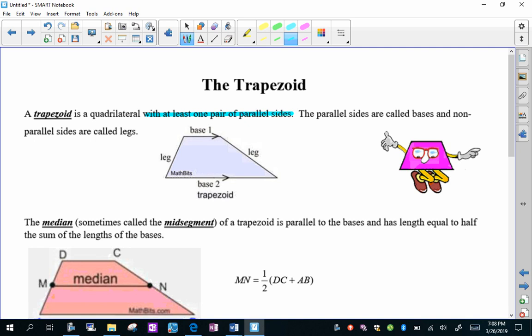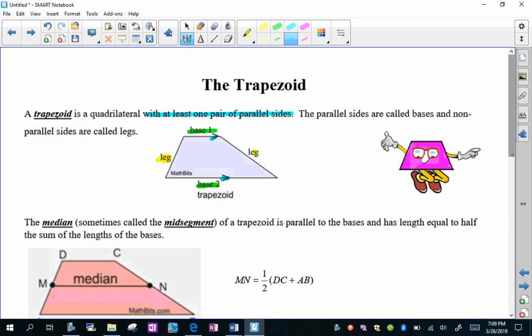The parallel sides are called bases, and the non-parallel sides are called legs. So if we look at our figure here, our legs are our non-parallel sides, and our bases are the parallel sides. We also see our symbol there, which is important, which means parallel.